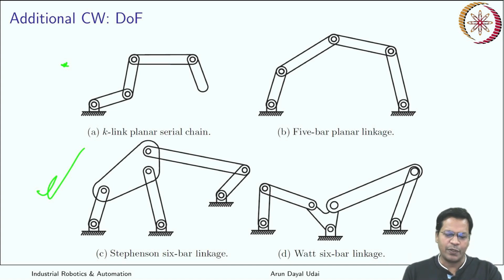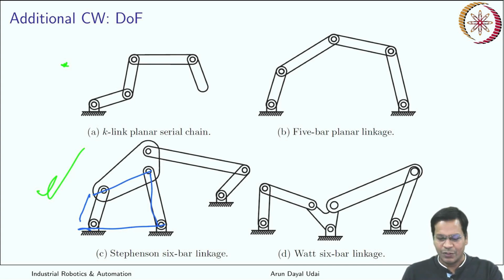How I go for it is, you try to weld your system and try to constrain your system. The final constraint that you are able to put, when the system is unable to move, gives the degrees of freedom. So let me just weld one of the joints. What is happening? At least this one appears to be like a 4-bar mechanism, so this piece has got 1 degree of freedom.